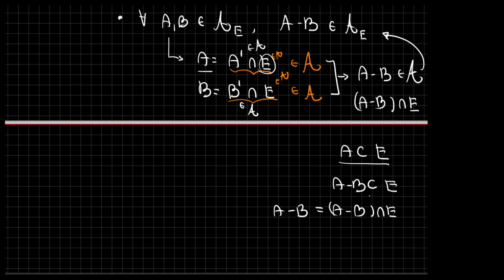Because it is a subset of E. And so this is equal. So we have that A minus B intersected with E is in here.